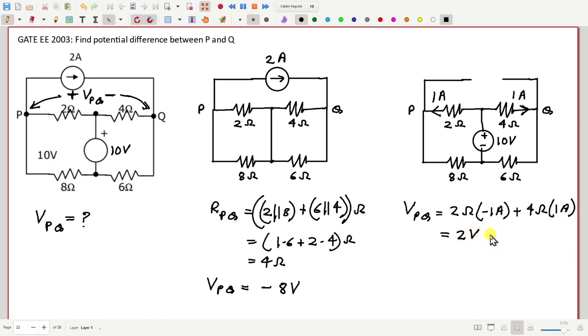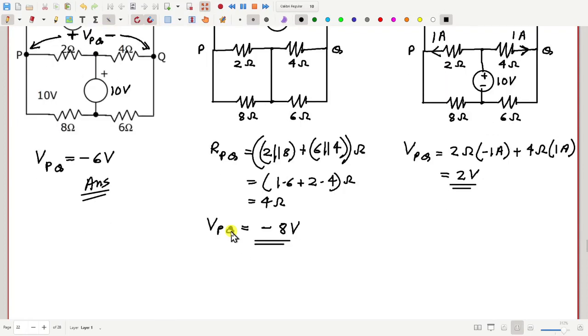So therefore finally total VPQ will be minus 6 volt. Minus 8 plus 2 is minus 6. Is it okay?